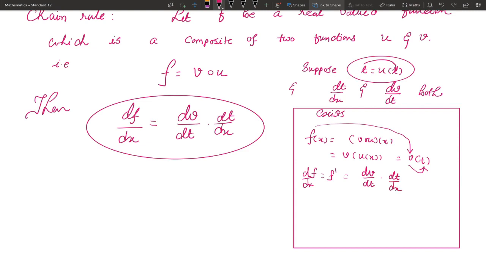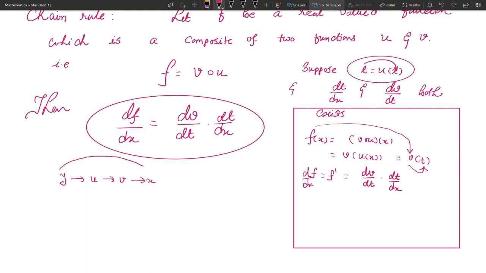You can expand this chain. Suppose y is a function of u, u is a function of v, and v is a function of x.